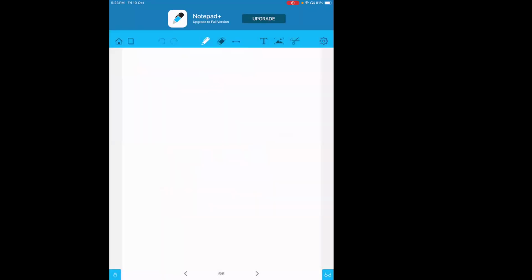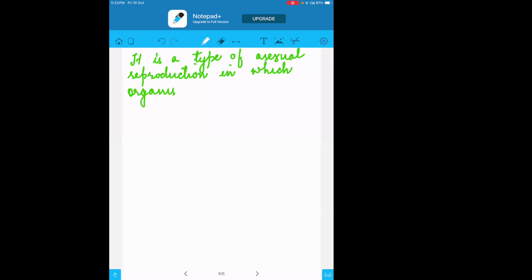So the definition of fragmentation is that it is a type of asexual reproduction in which the organism's body breaks into two or more fragments.